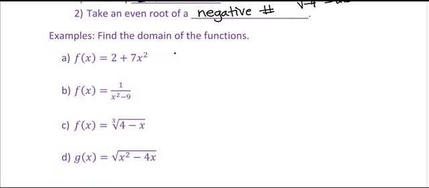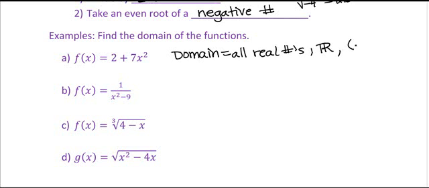So we would say that the domain, you can either write it out as all reals, or you can use the bold-faced R symbol to denote that, or you might remember that there's interval notation, negative infinity to infinity is the domain for all reals.